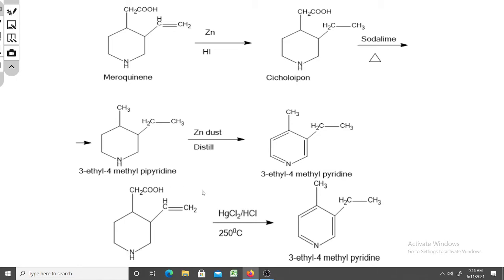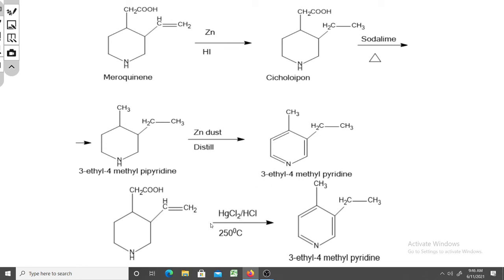Okay. Then again it is distilled, then we get 3-ethyl 4-methyl pyridine. The formation of this compound, 3-ethyl 4-methyl pyridine, is evidence that the substituents will be in 3 and 4 position.